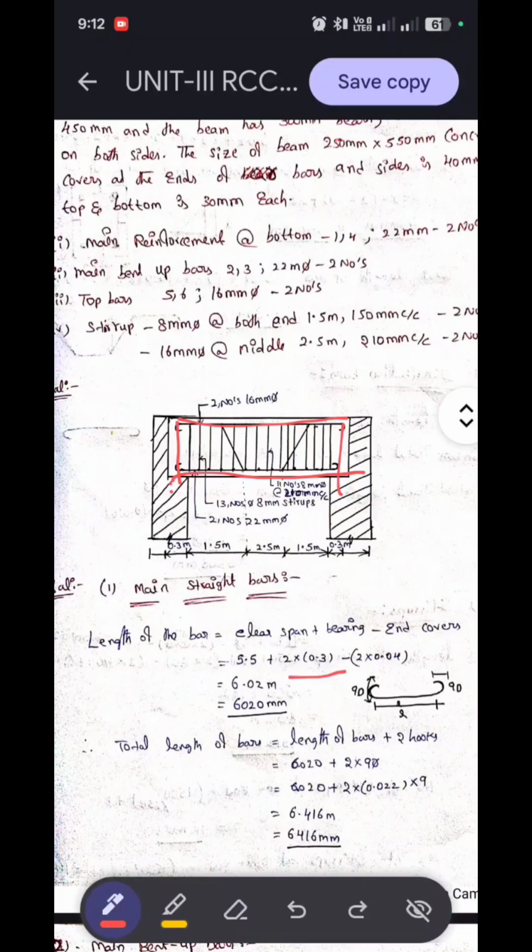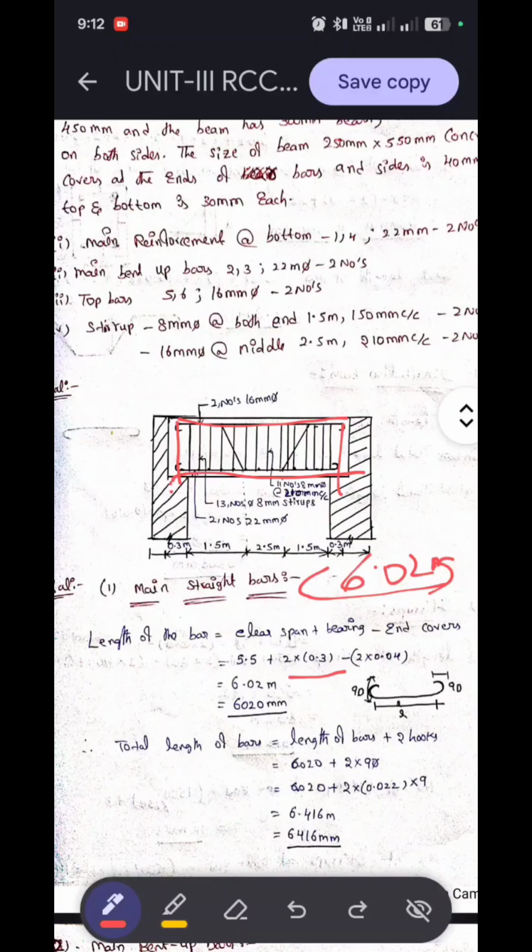Now calculating the total length of the bar. This length was 6.02 meters, then hook will be added. So 2 into hook, and hook is 9 dia.